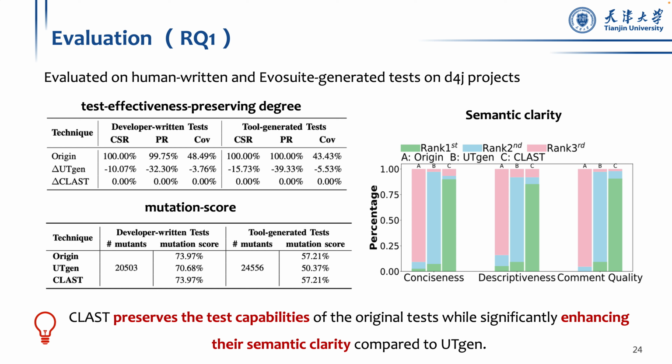In the user study, where a lower rank indicates better clarity, over 85% of participants prefer the tests refined by CLAST in terms of conciseness, descriptiveness, and comment quality. These results confirm that CLAST effectively enhances semantic clarity and comprehension without sacrificing correctness.